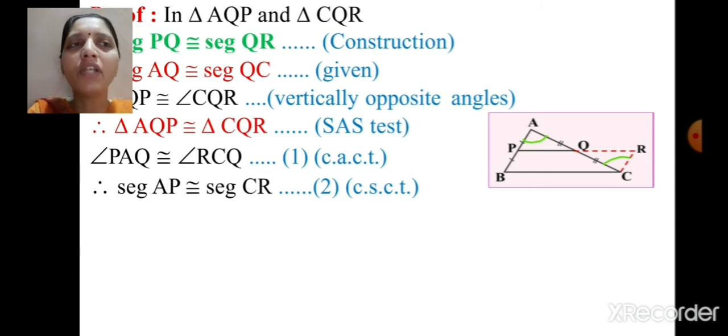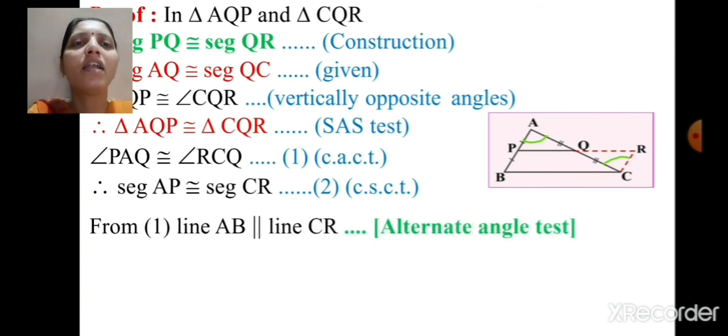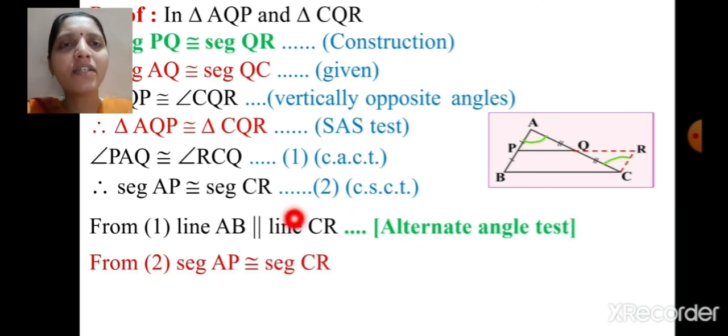So we know that alternate interior angles are congruent. So that means we can say here line AB is parallel to line CR. Reason is alternate angles test. Now from equation 2 what is given here? Seg AP is congruent to seg CR.